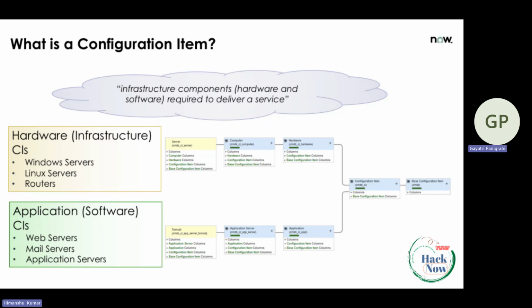A raw device goes in the hardware table. There are many classes and child tables for every class. After hardware, there is a computer table, a server table, a router table, and a switch table. The major tables are CMDB and CMDB CI.